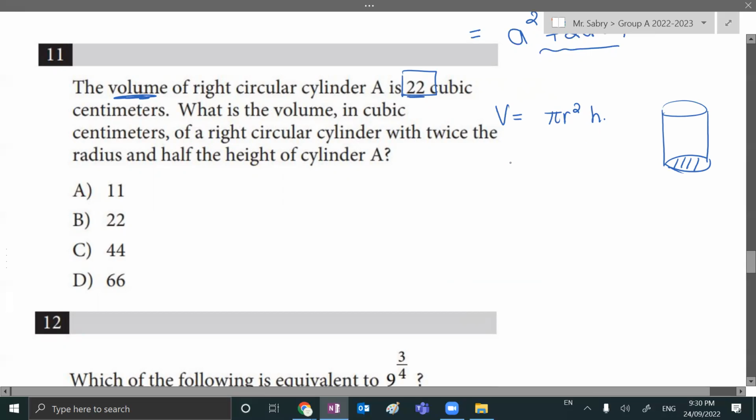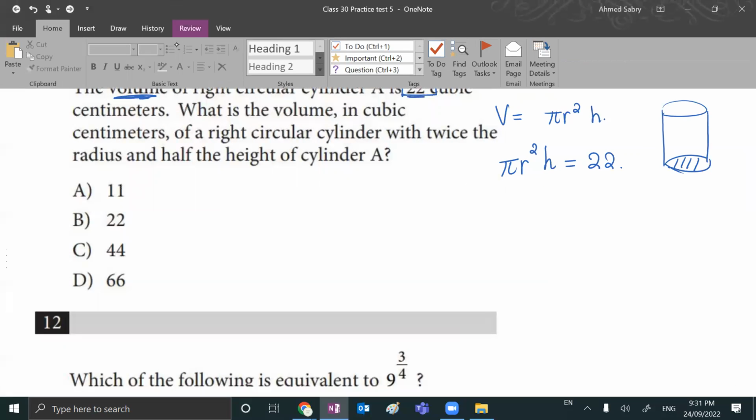They told me that the radius is an unknown, so I don't know the value of the radius. I'll just leave it as r. I don't know the value of the height, but I know that this equals 22. Now they want to know what's the volume of the other one. So what are they going to change?